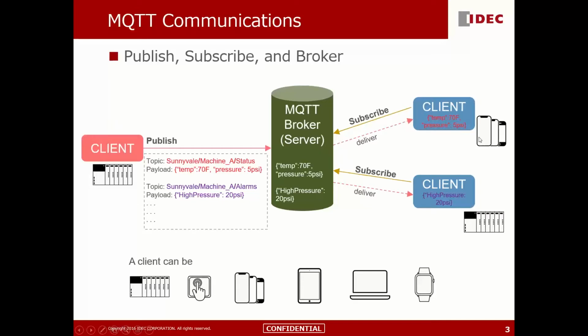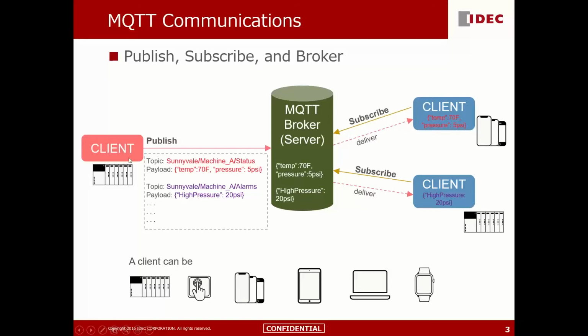When a client, such as your iPhone, is trying to get information from this PLC over here, typically you would have to pinpoint the PLC IP address. In this case, there's security involved because you're basically exposing the client IP address. But not in the case of MQTT, that's not the case. You're just basically subscribing to the topic.